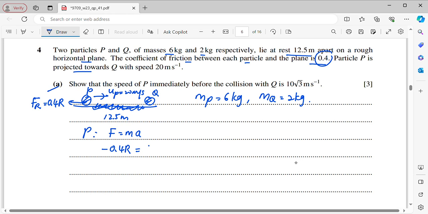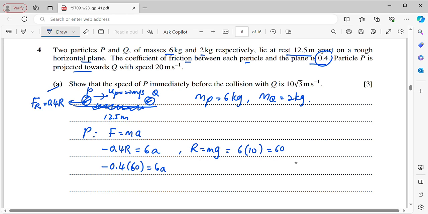Then here is going to be 6A. Then from here, my R is mg. The m is 6 at particle P, and g is 10. Therefore, R is 60. So here I will write negative 0.4 times 60 equals 6A.